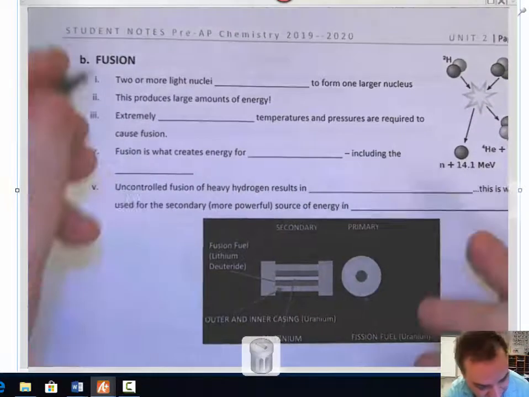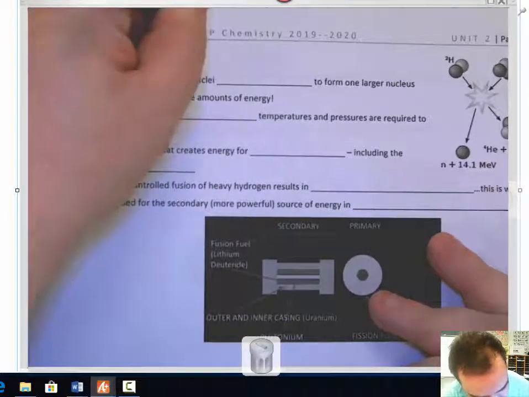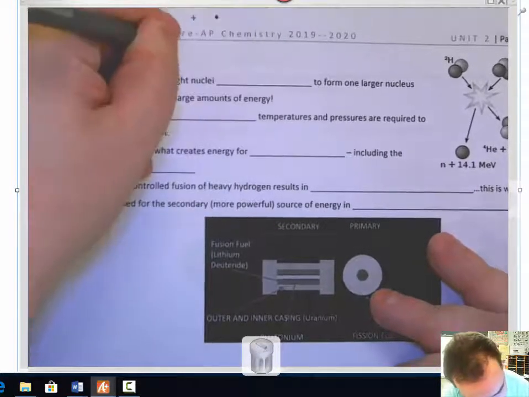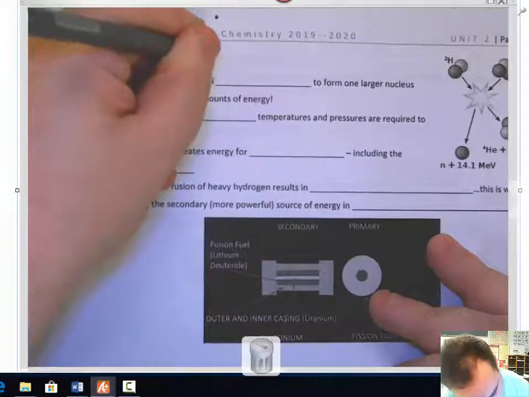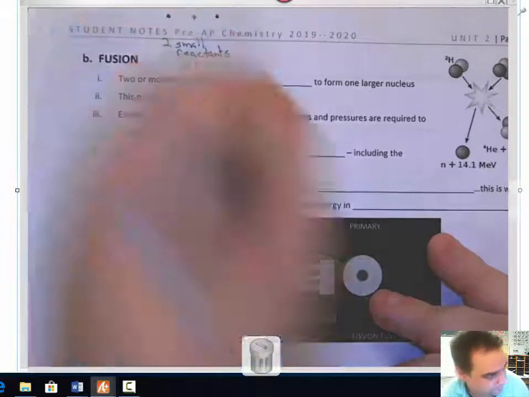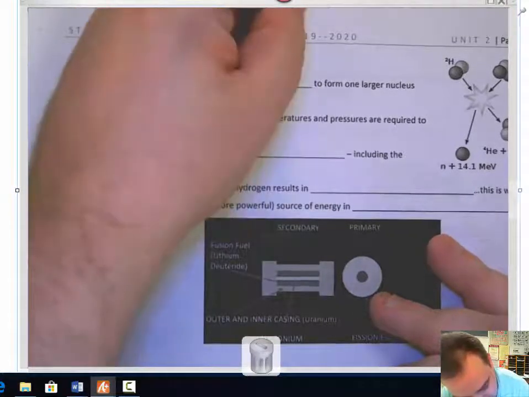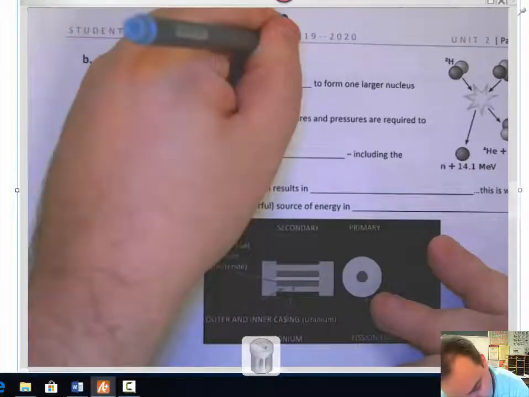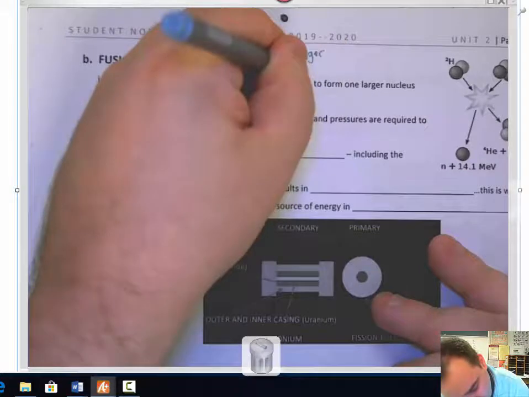When you're doing fusion, you're taking two small reactants and forming one bigger product.